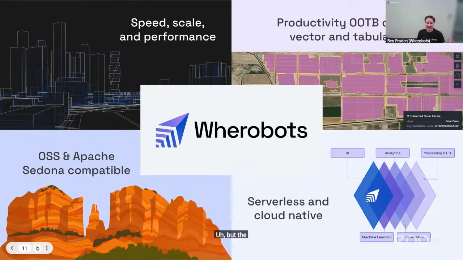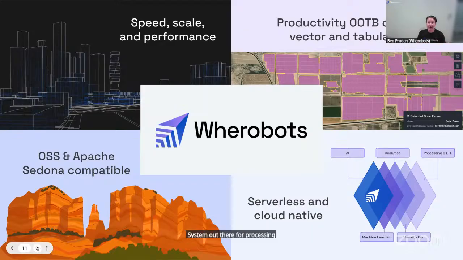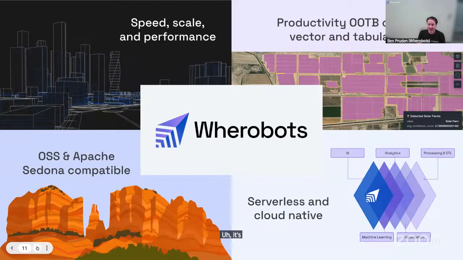But the other thing is that when you're using our cloud service, it's the fastest, the most performant system out there for processing very large scale spatial data or very in-depth spatial data, high density spatial data. It's anywhere between 5x to 20x faster than most other distributed computing architectures.